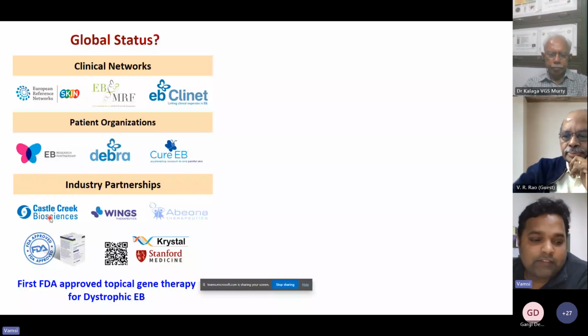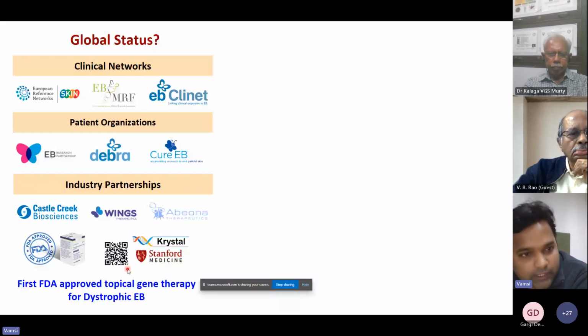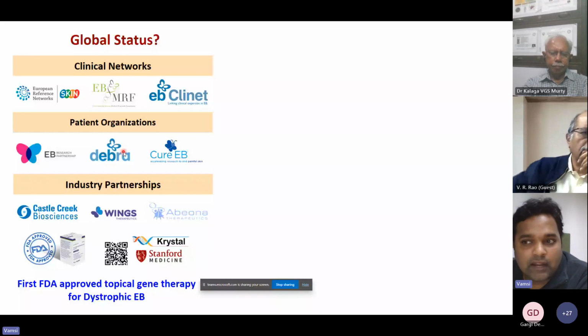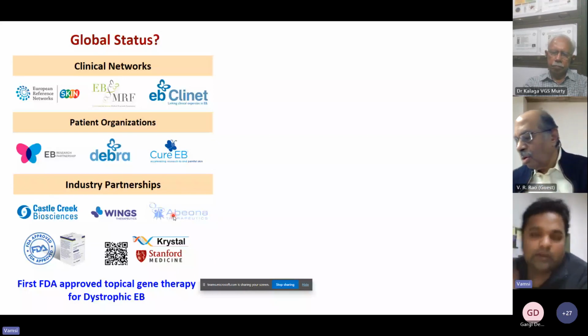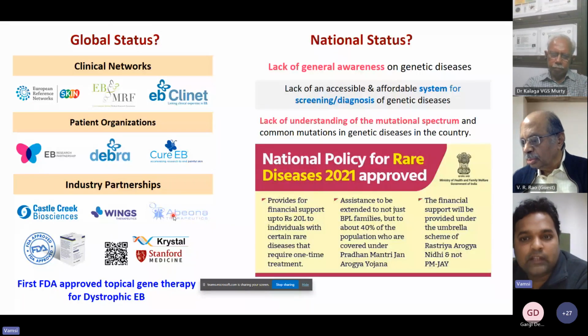Of recent is the first FDA-approved topical gene therapy for dystrophic epidermolysis bullosa, through a company called Krystal in collaboration with Stanford. I'm fortunate to have worked with all these clinical networks, patient organizations, and industries, and led some of their clinical trials, both in Europe as well as in the US. Well, this is the global status. Where is India? In India, in general, we still have a lack of general awareness of genetic diseases.